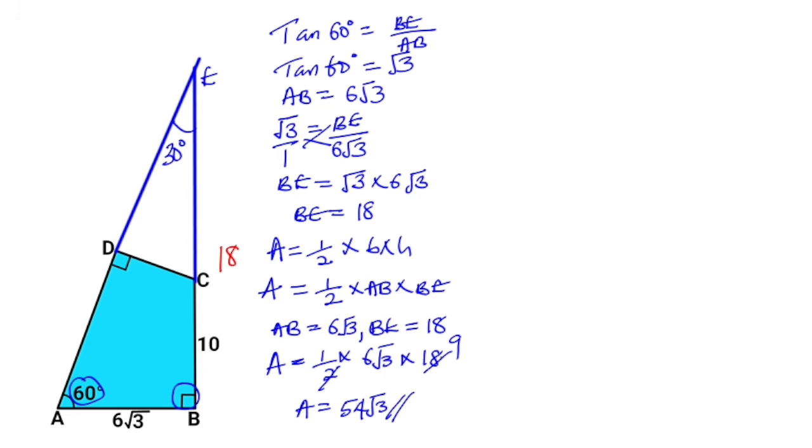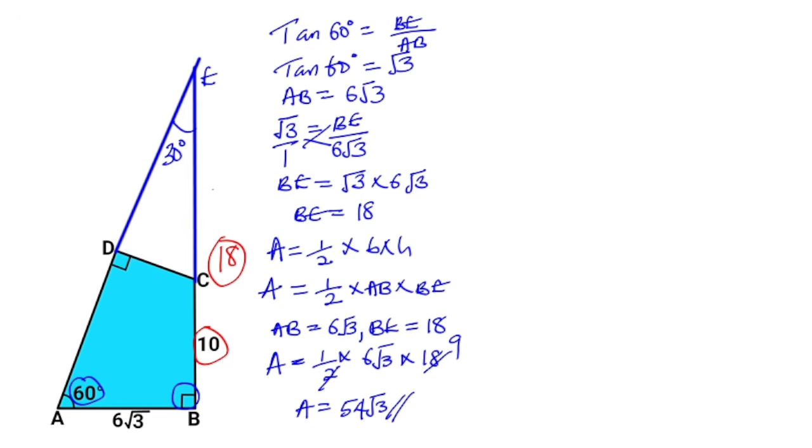Now, to find the area of our original quadrilateral, all we need to do is subtract the area of the small upper triangle, triangle CDE, from our large triangle, triangle ABE. To do this, first, let's find the length of CE. Since the total length of BE is 18, and BC is 10, to find CE, we subtract BC from BE.